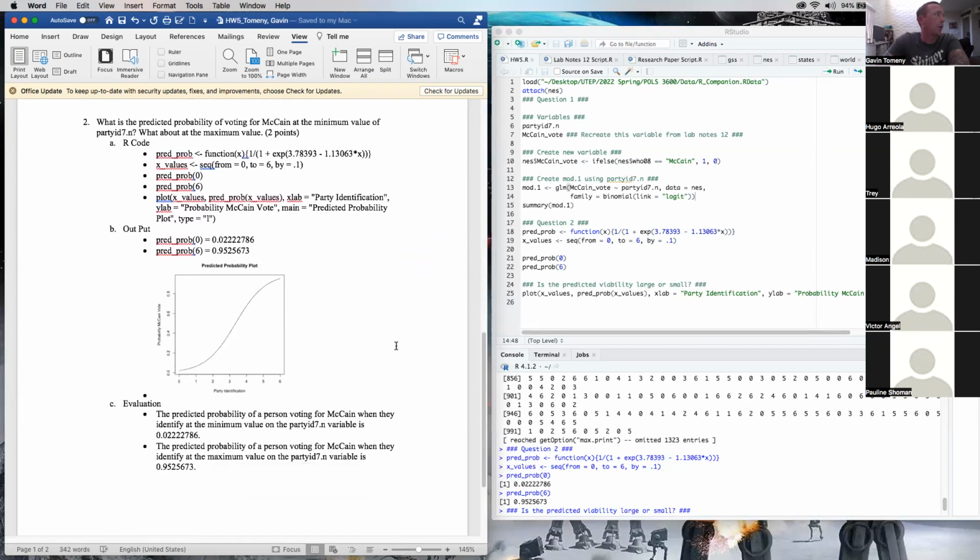So now we'll go on to question 2, which asks: what is the predicted probability of voting for McCain at the minimum value of party ID and the maximum value?